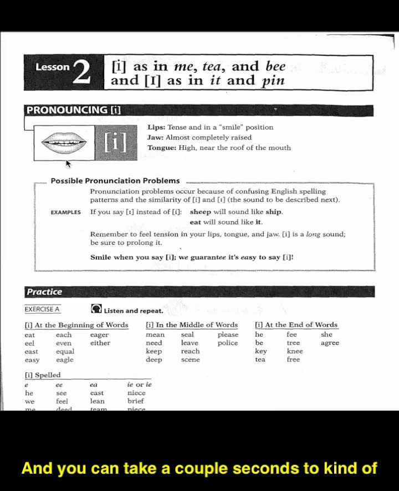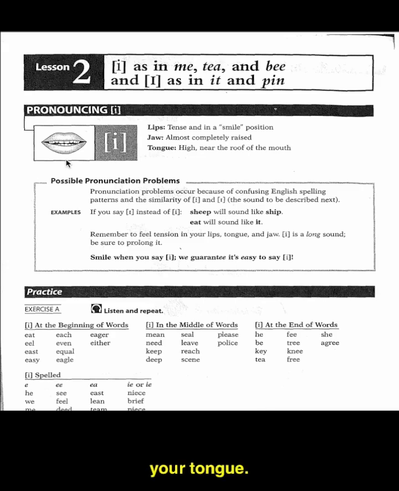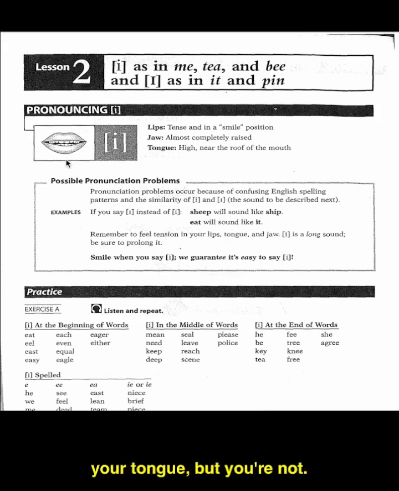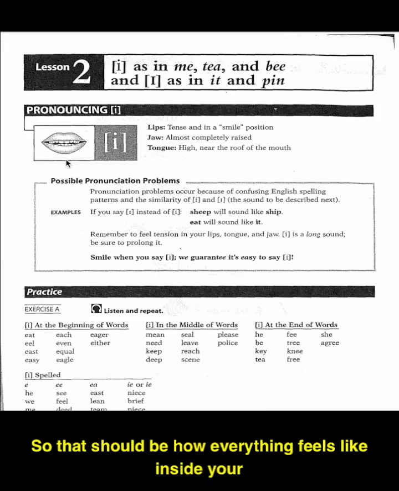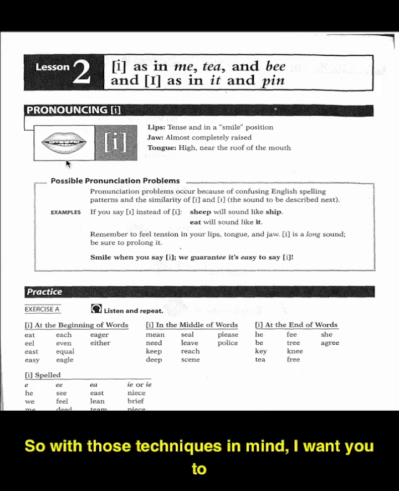And you can take a couple seconds to feel that. Second, the top teeth should be touching the top of your tongue. So it almost feels like you're trying to bite into your tongue, but you're not. Don't do that. So that should be how everything feels inside your mouth when you're pronouncing this.